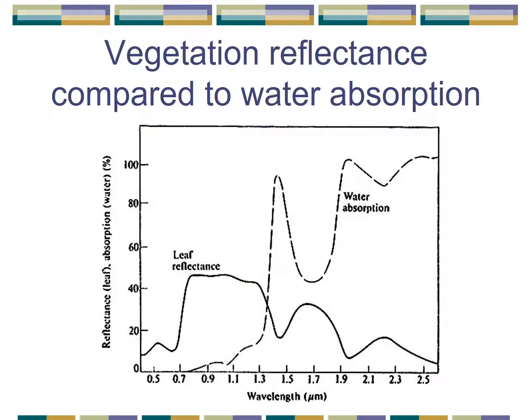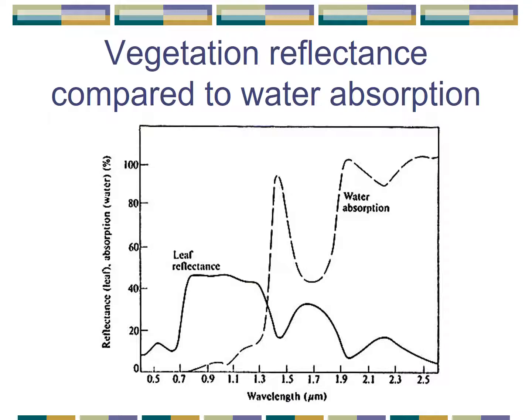Now, if we think about leaf reflectance, again, this is the energy that is reflected off of the surface of a leaf, and we're looking at percent on the axis on the left there. So the higher up it goes, it means the more that energy is coming off the leaf. The lower down it goes, it means the more that is being absorbed.